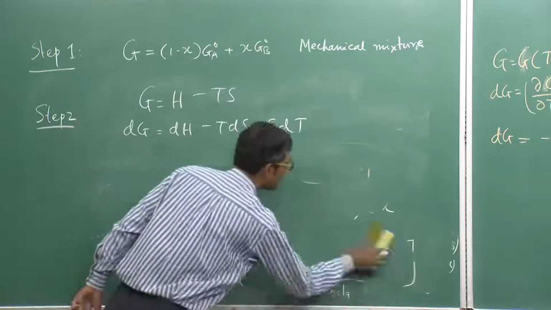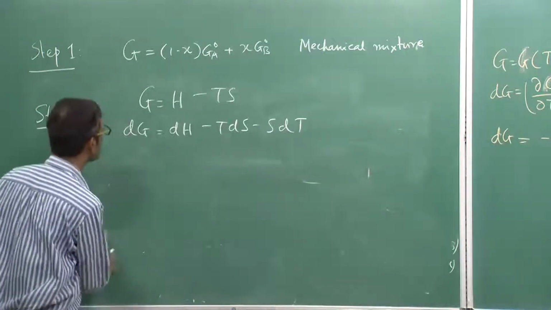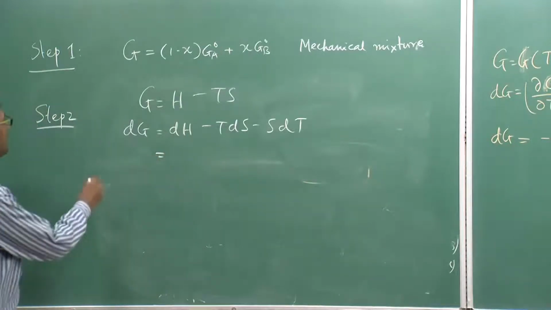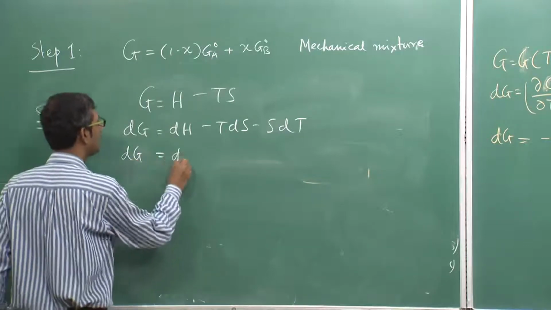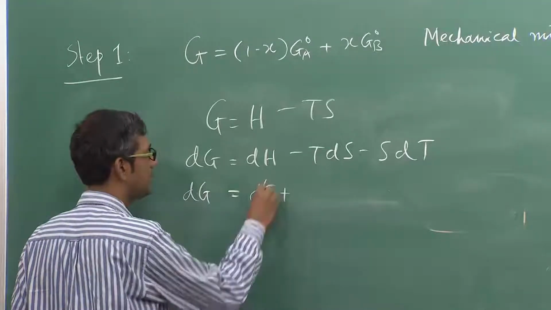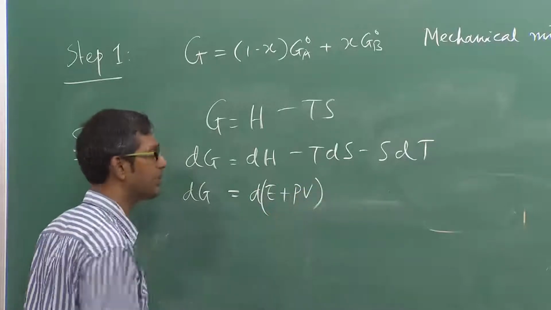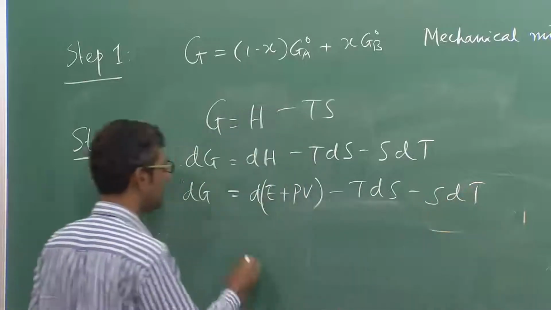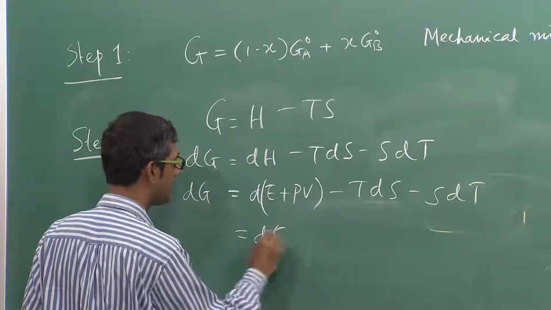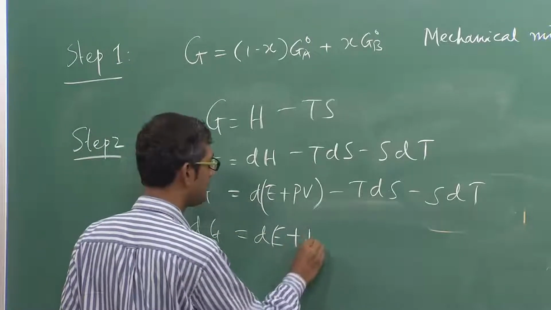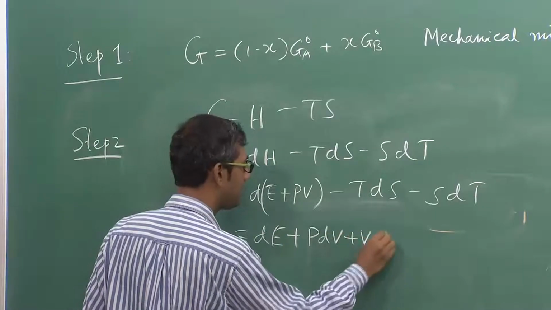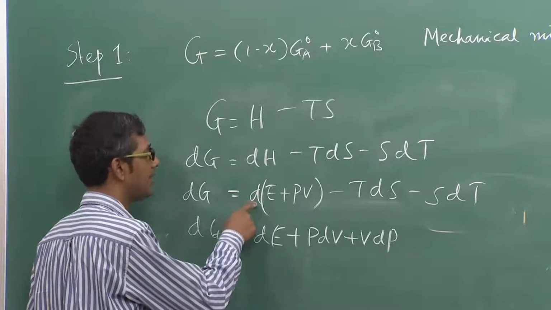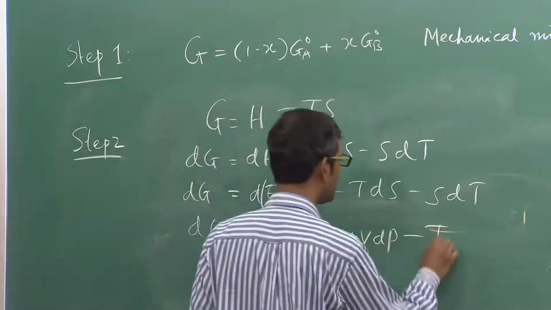So I can modify this equation based on the first and second laws of thermodynamics. dH is always equal to dE plus d(PV), since H is E plus PV, minus TdS minus SdT. So I can write dE plus PdV plus VdP, that is the total differential of that. The moment d is put, it means total differential, so it has to be differentiated through and through.